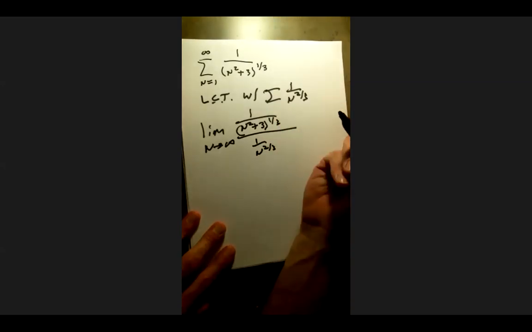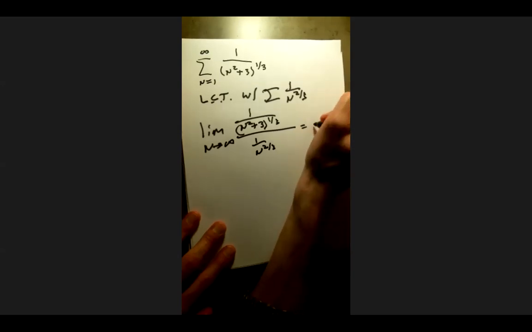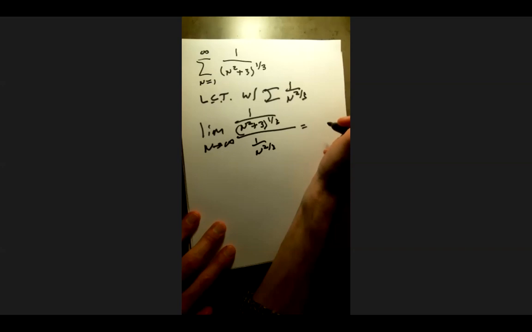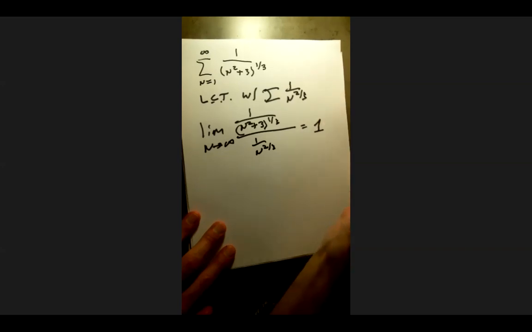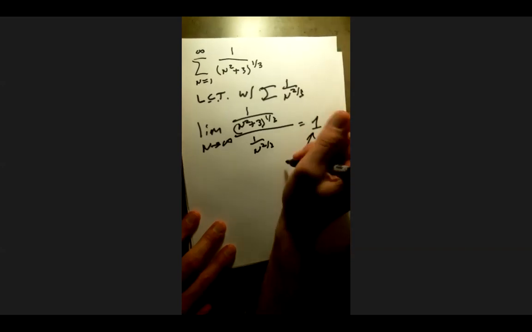Is it clear that that limit's equal to 1? Is that obvious? Yep. Okay, good. So the limit's equal to 1. This means that they share the same fate.